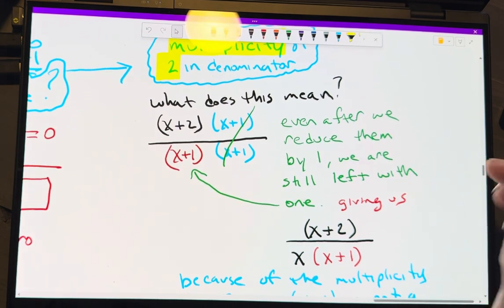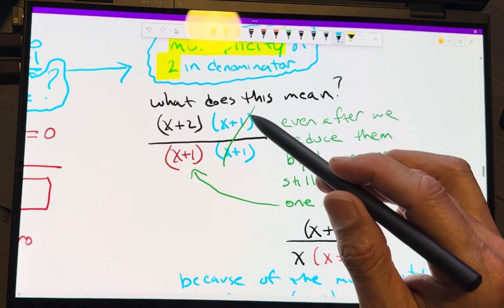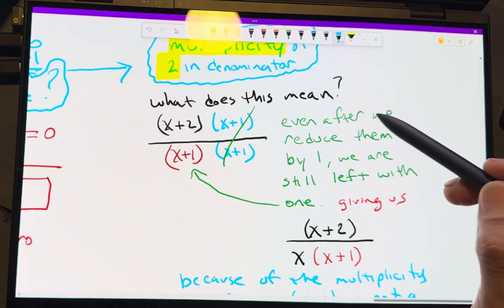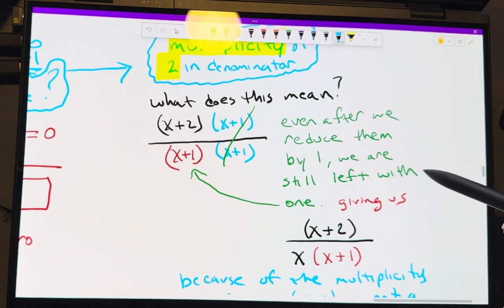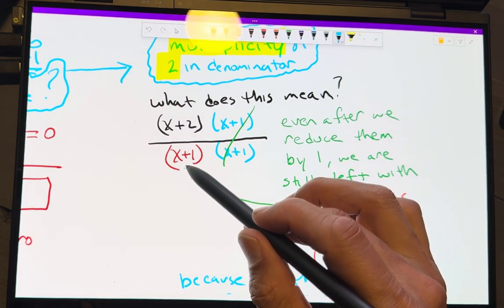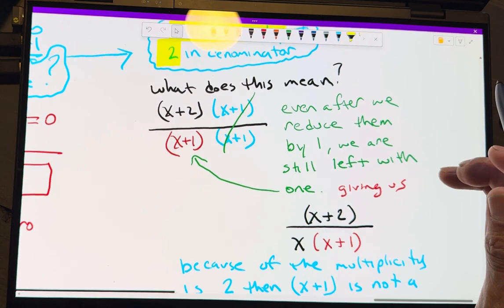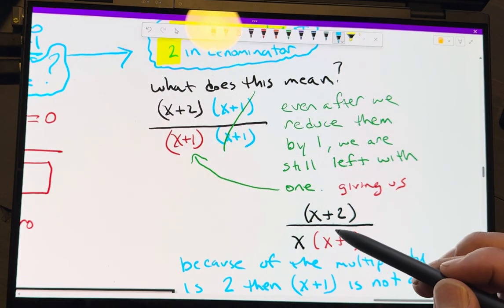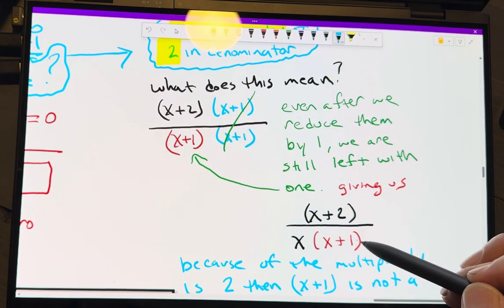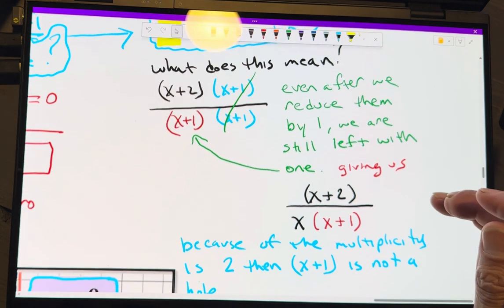It means that even after we reduce them, meaning we took the common factor, we reduced it, we still end up with one quantity of x plus 1, which would give us x plus 2 over x times the quantity x plus 1.